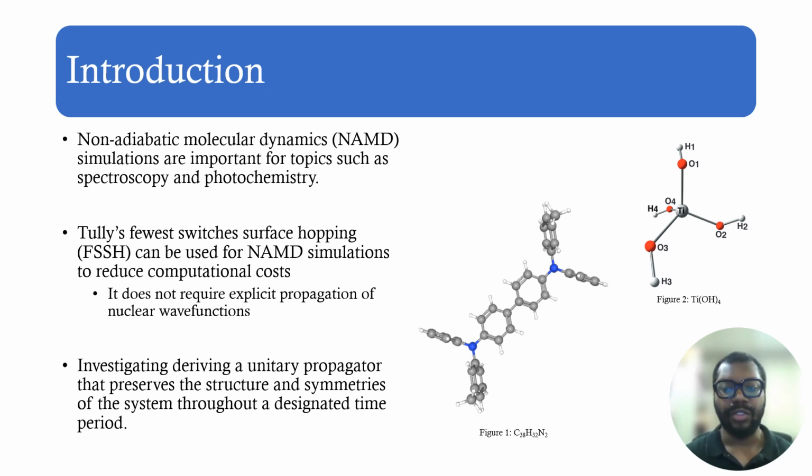Instead, we derive that at a certain nuclear position, we get a Schrodinger equation for electrons that we then integrate. Specifically, in this work, we're going to be focusing on deriving a unitary propagator that preserves the symmetries of an interacting chemical system.